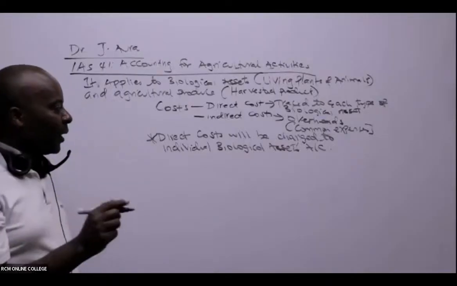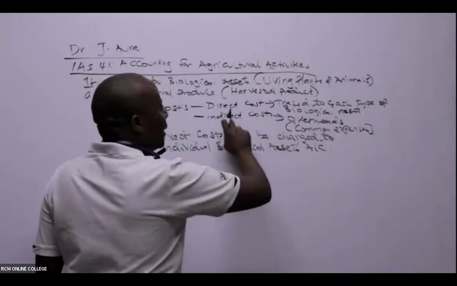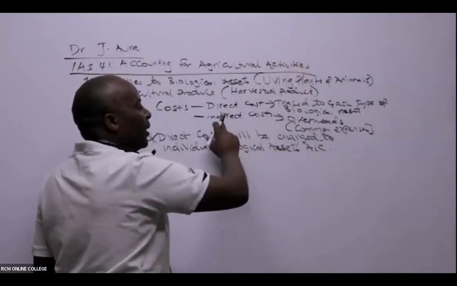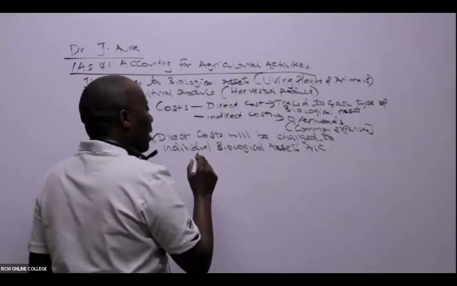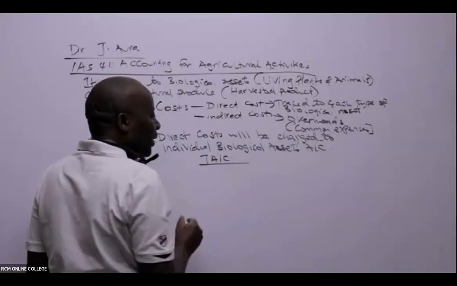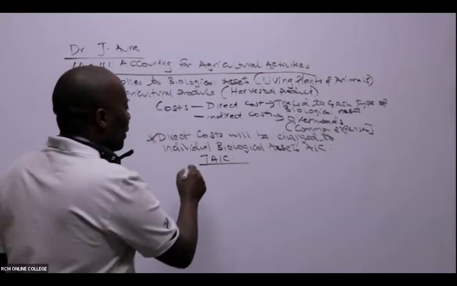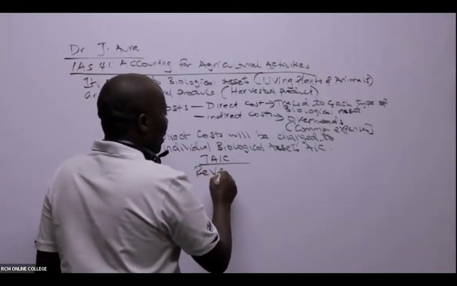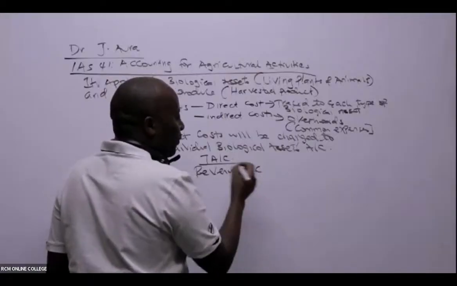Now, ladies and gentlemen, generally, of course, we shall see that these ones will be taken to the general income statement. Now listen, if I draw a T account of our revenue, we call this revenue account of our crops, of our livestock.